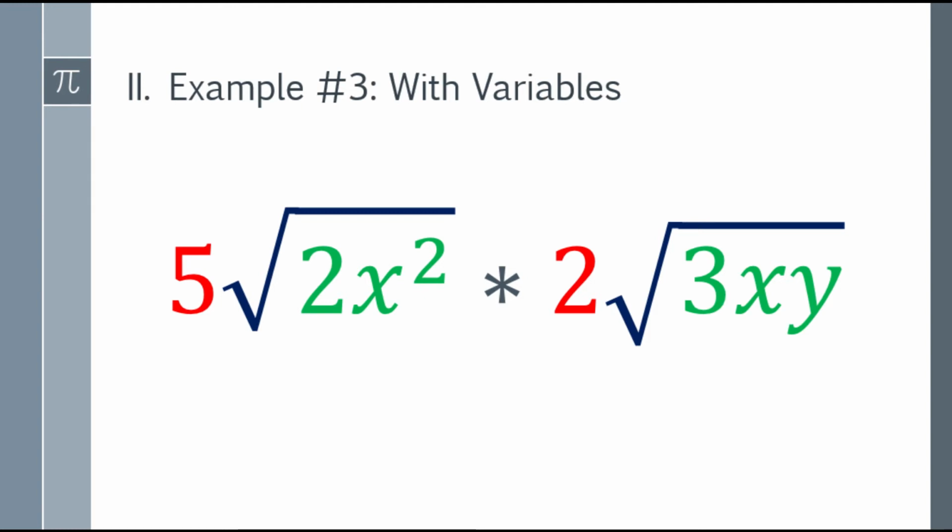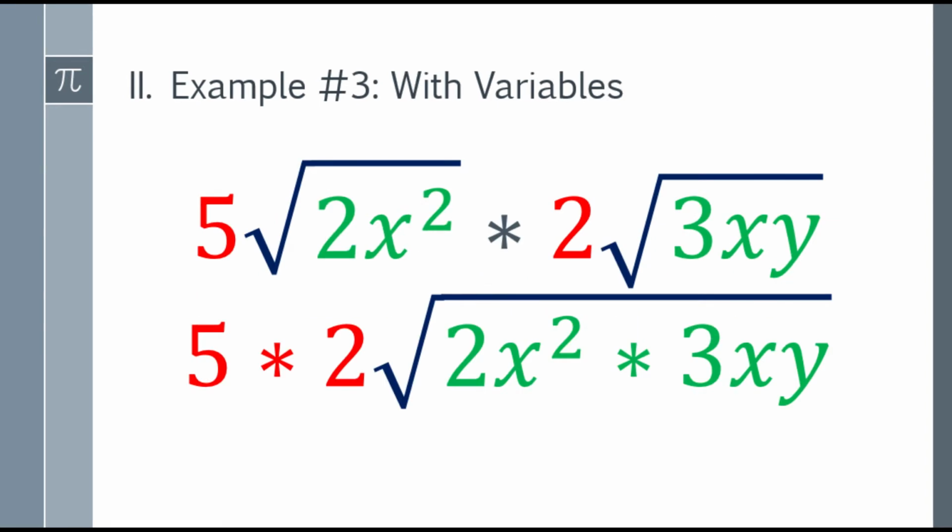Okay, next example. Paano kapag may variables na? For example, 5 square root of 2x squared multiply sa 2 square root of 3xy. So same din like kanina, multiply muna natin yung nasa labas ng radical sign. So 5 times 2. Ngayon, multiply naman natin yung nasa loob ng radical sign. So 2x squared multiply mo sa 3xy.